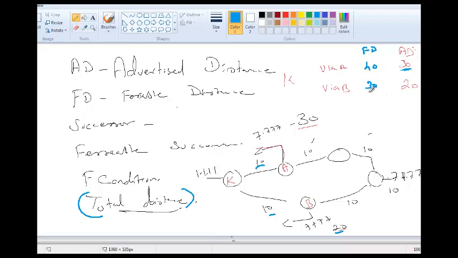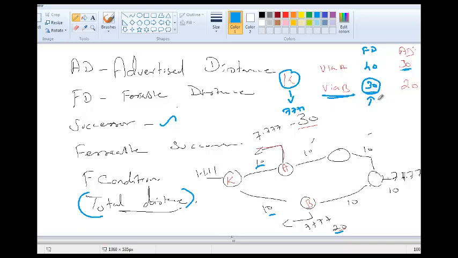Now this is the successor distance. What is successor? The path via which the metric is lower to reach the destination. For K to reach 7.7.7.7, going via B is the successor route.